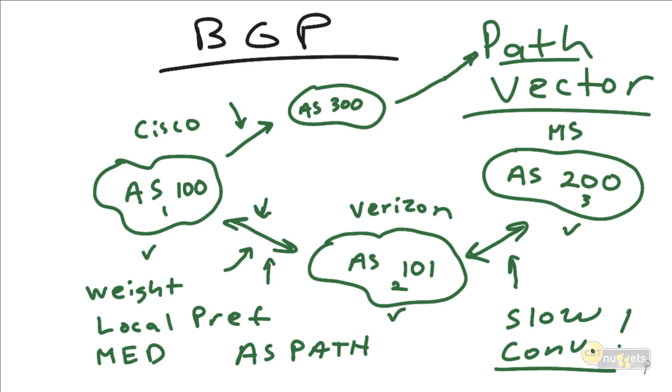Things are changing dramatically all the time with internet prefixes. So with Border Gateway Protocol, we end up having slower convergence so we can have increased stability in the protocol. We sacrifice convergence for more stability with Border Gateway Protocol.